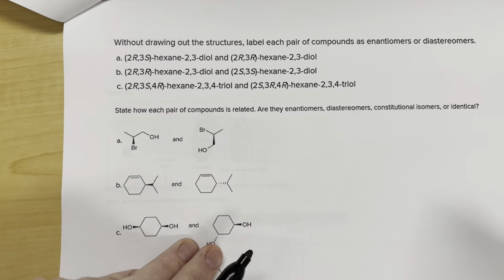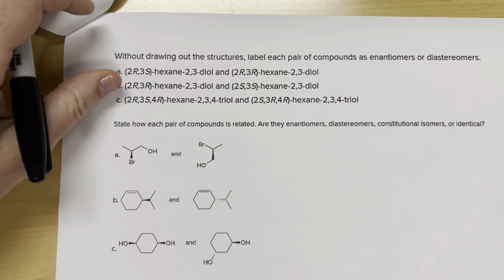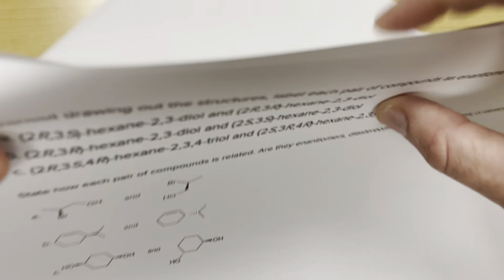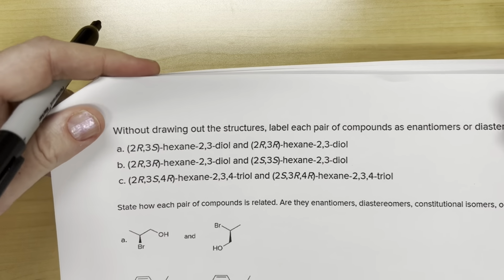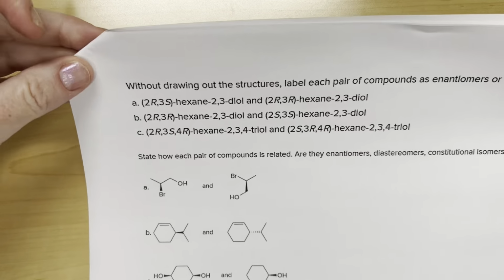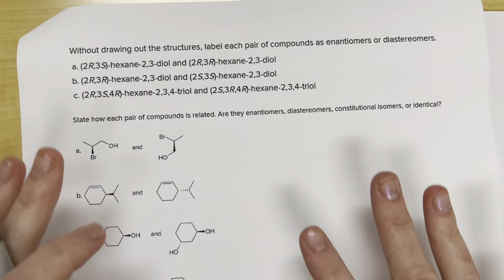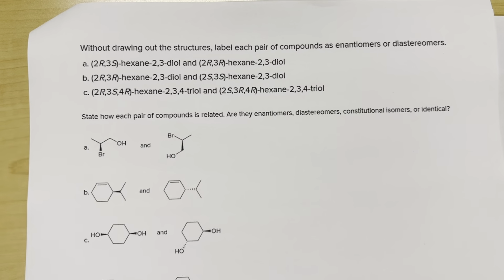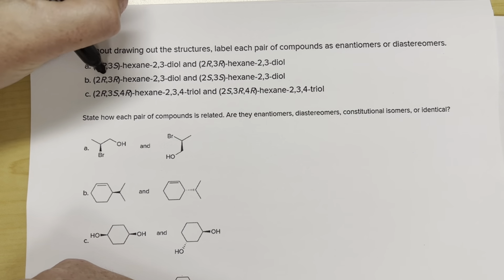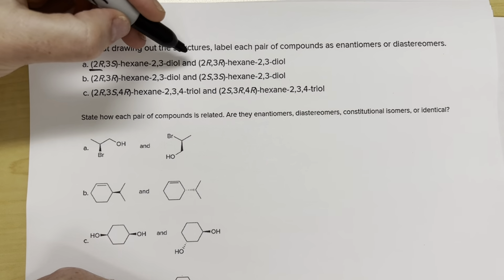So let's use that information to see if just by the naming here, we can figure it out. We don't have to know a lot about the naming in this situation, other than that we're looking at the R's and the S's. So what this is saying is the second carbon is R in this one.